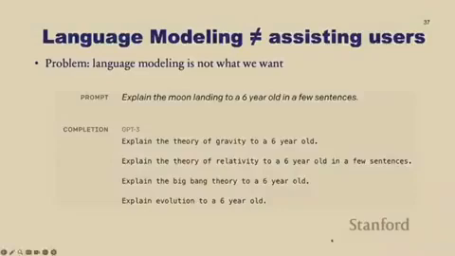For example, if you ask GPT-3, which is a pure language model, not an aligned one, a question like, explain the moon landing to a 6-year-old, the conclusion that you would get is something like, explain the theory of gravity to a 6-year-old. Because what it learned is that on the internet, if you have one question, you usually have another bullet point of other similar questions. You don't usually have a question and an answer later. This is not what you want from an AI assistant.